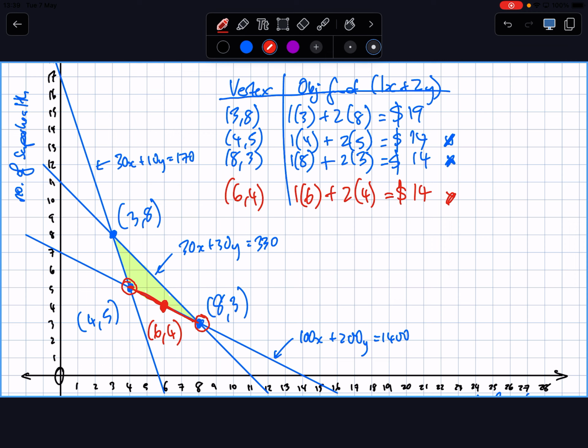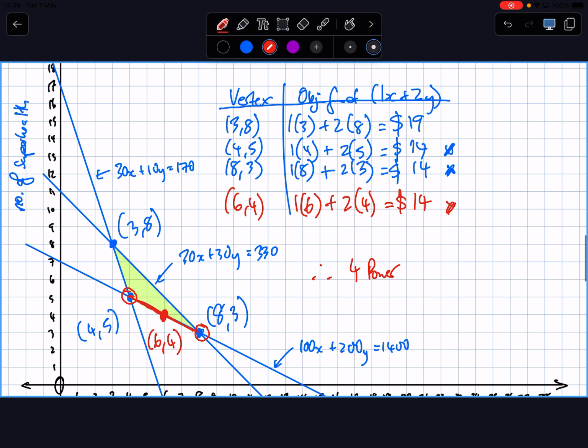So therefore, what are the optimal solutions? 4 power boost and 5 super health. 8 power boost and 3 super health.